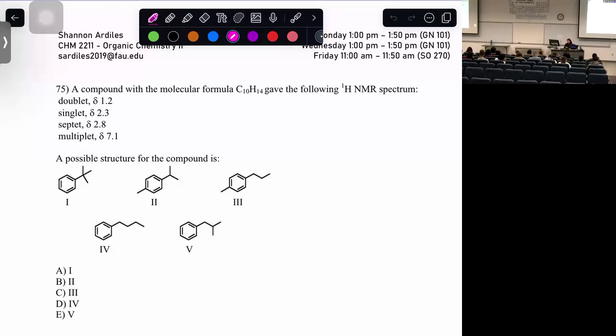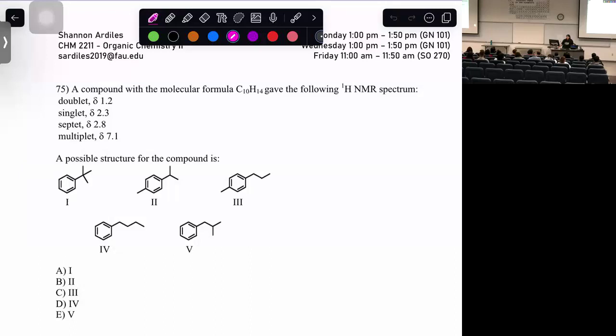Answer? Molecules here? Okay, I have one vote for B. What about the rest of you guys? What do we think? Two as well. Okay, I have two votes for B. B as well?